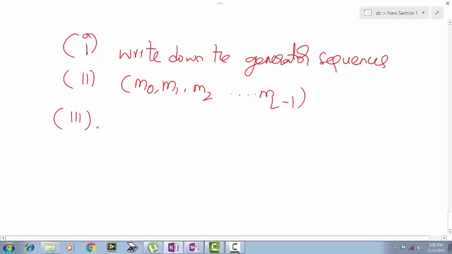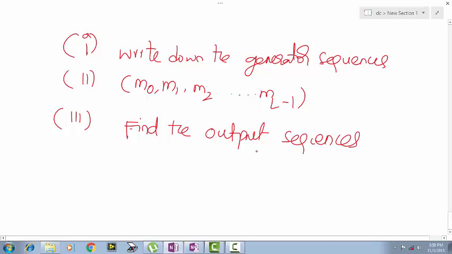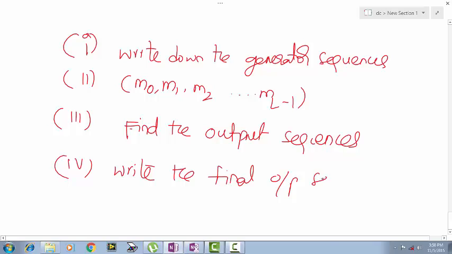Then using the convolution equations, find the output sequences. Then write the final output sequence by multiplexing the switch, or by taking the bits from the 2 outputs or 3 outputs, depending upon the number of outputs.